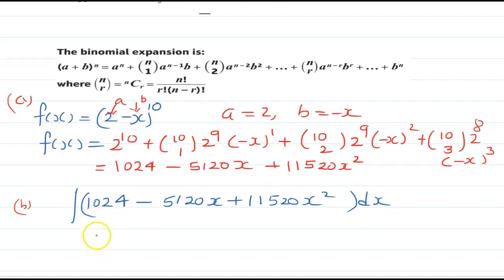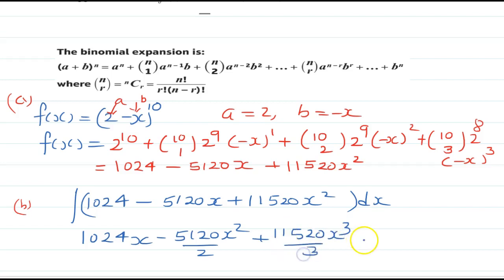For the integration, it will be 1024x minus 5120x squared divided by 2, plus 11520 times x cubed divided by 3, plus a constant here.